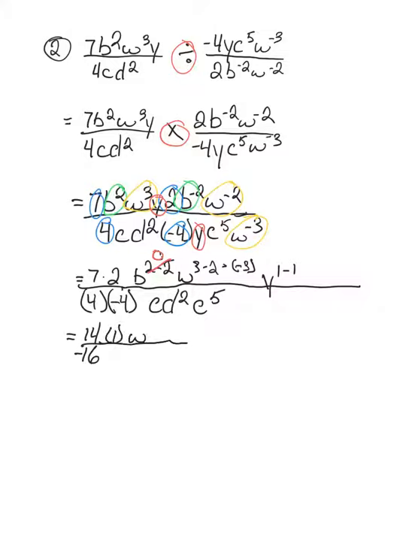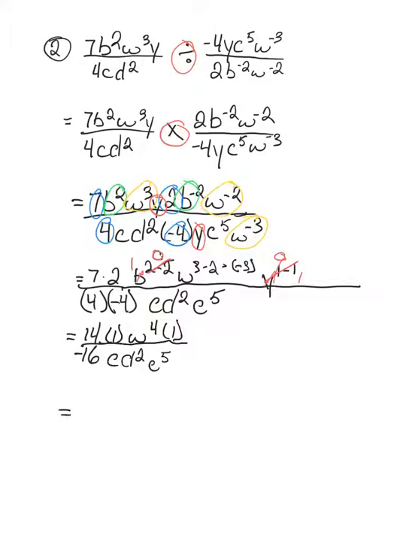W to the 3 minus 2 is 1, plus 3 is 4, and y to the 0. So this whole term will equal 1, same as that will equal 1. All over your c d squared c to the fifth.